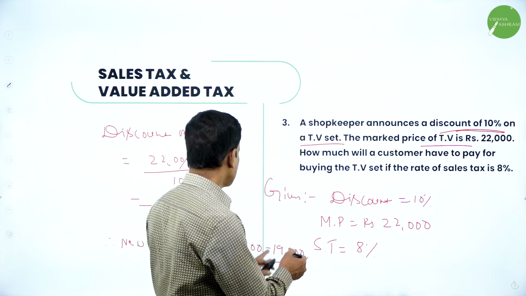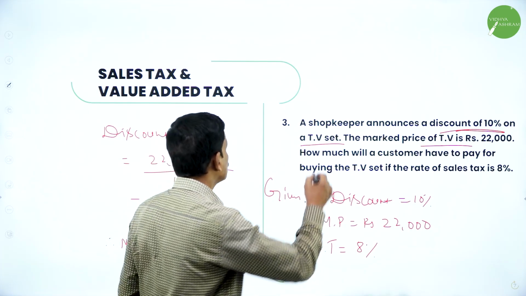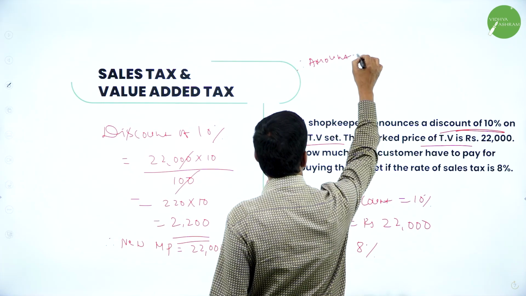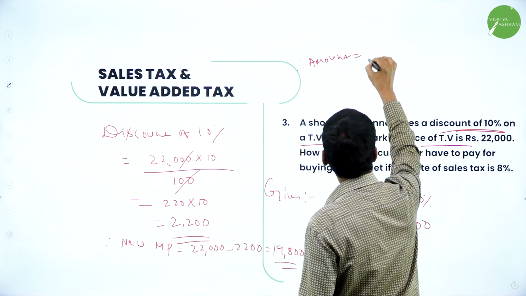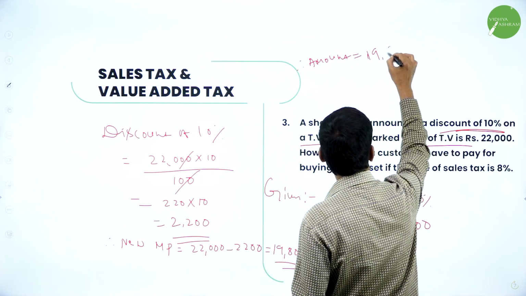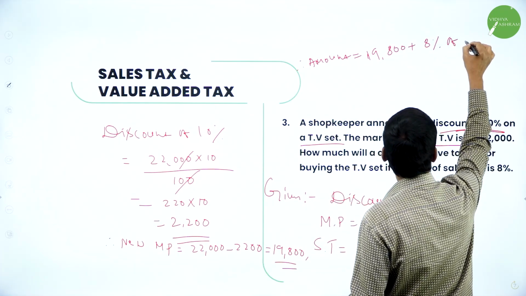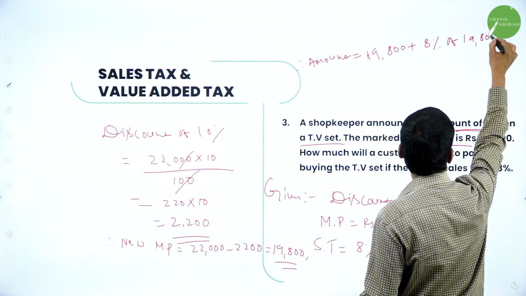Now, just calculate 8% of this 19,800. So, therefore, the amount is equal to 19,800 plus 8% of 19,800.